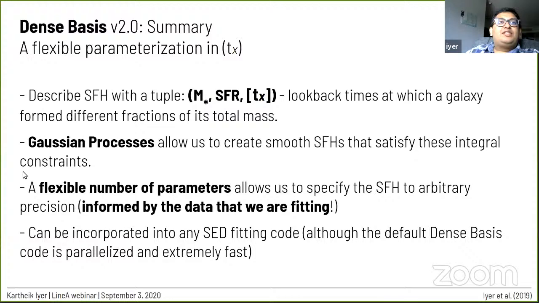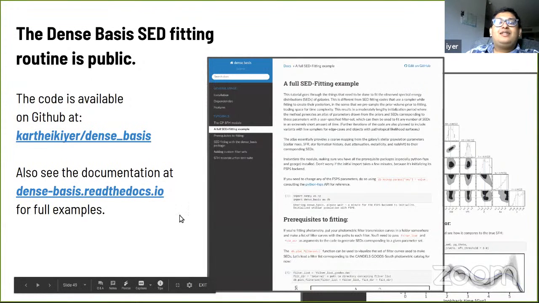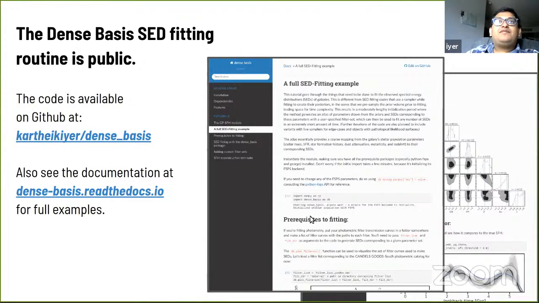While there is a dense basis code, it can also be incorporated into any SED fitting code. And so if you're interested in using this, the routines are public, and there's documentation that allows you to set up and start using these codes. It is also available as an option for star formation histories within the bagpipes code, which is another public SED fitting code, if you'd rather prefer using that.